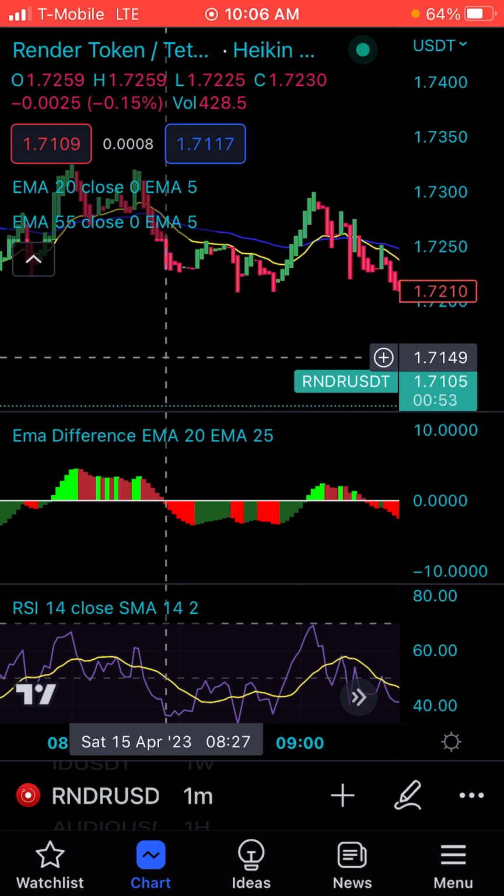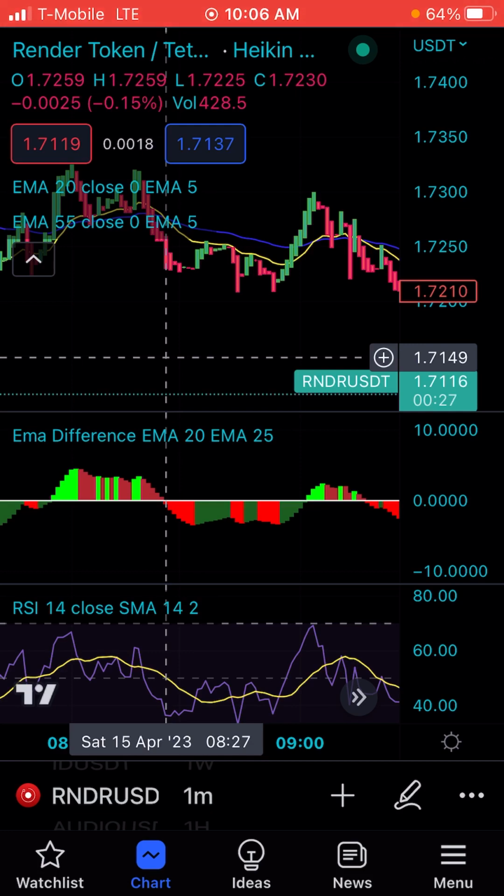If everything is below the zero line, no matter if it's red or green, the white line, it means short. It means it's going down. Even if it's below and it's green, it's still on a short, a downturn.